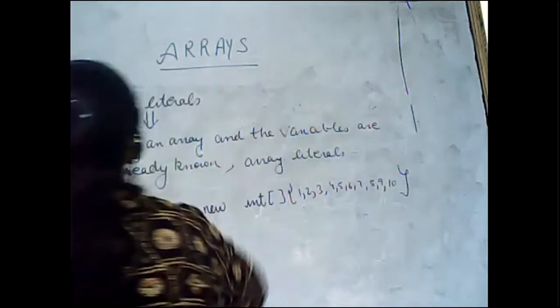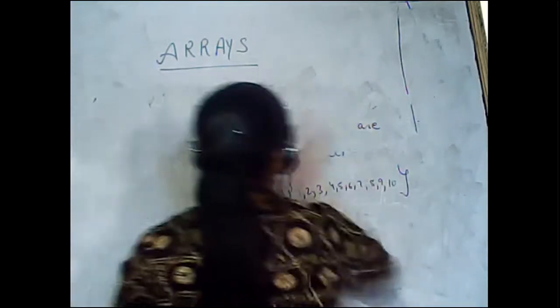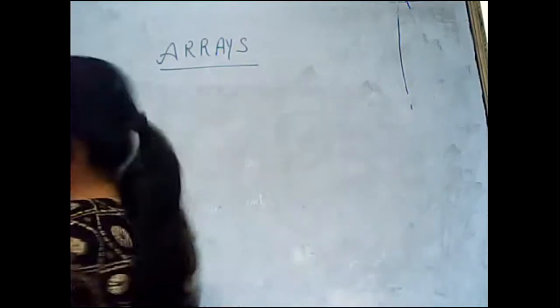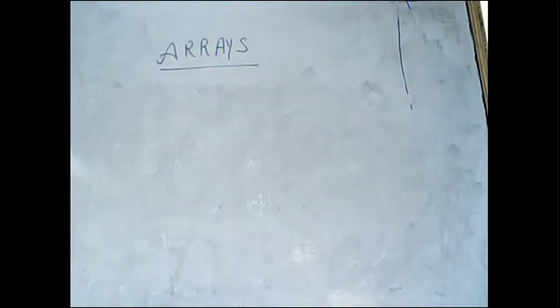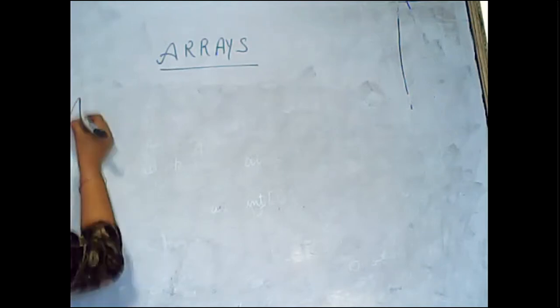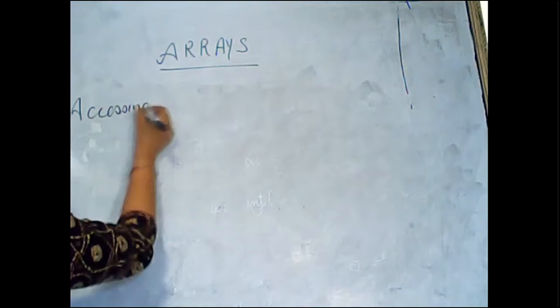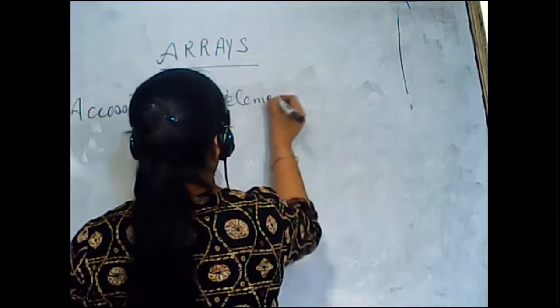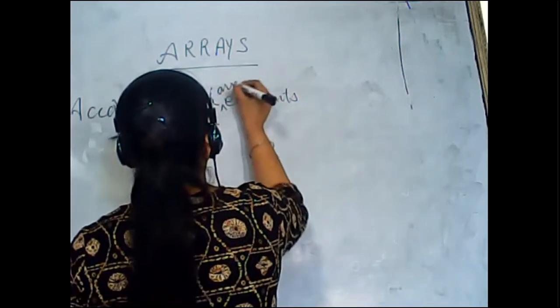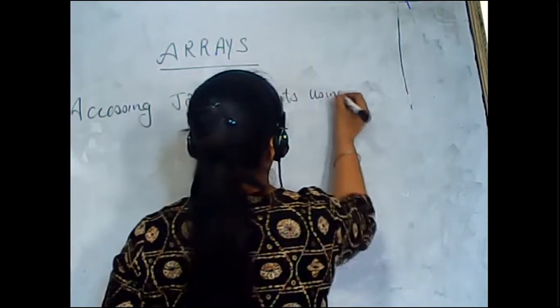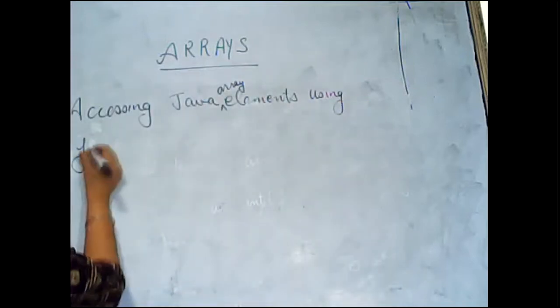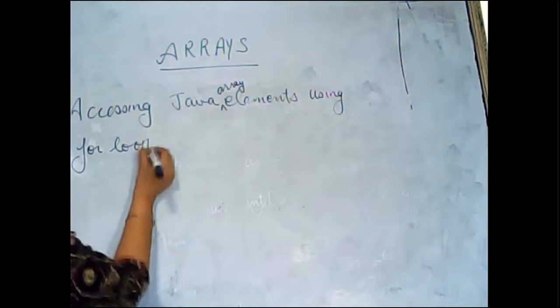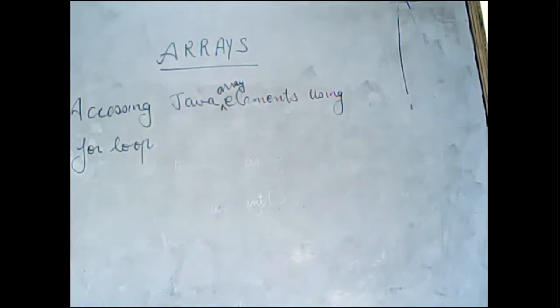Now the next thing is how we can use these Java array elements. So here the case is accessing Java array elements using a for loop. Okay, so this is a case where we need to define how we can access Java array elements using a for loop.